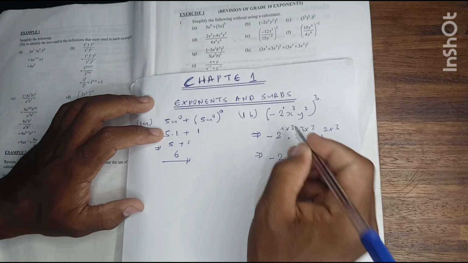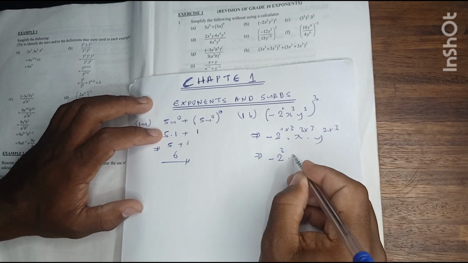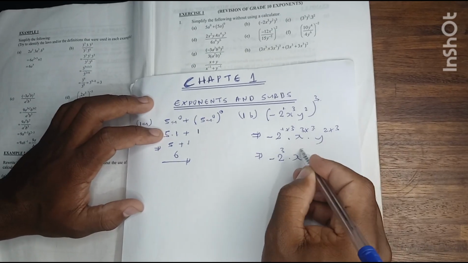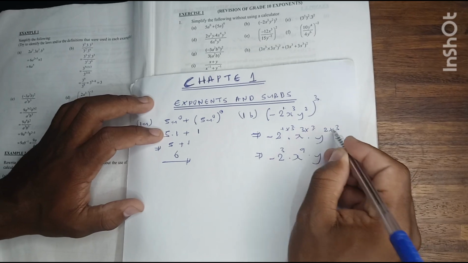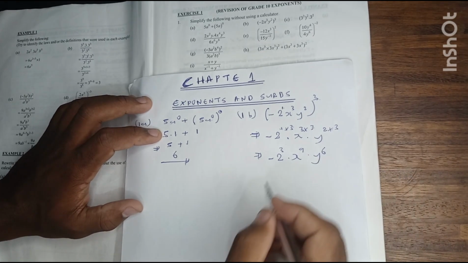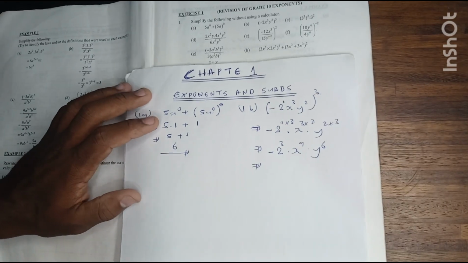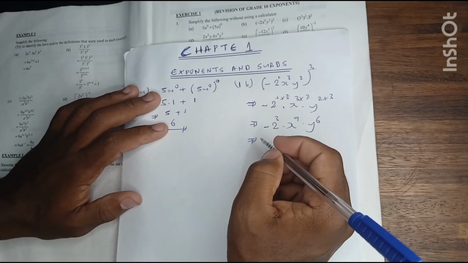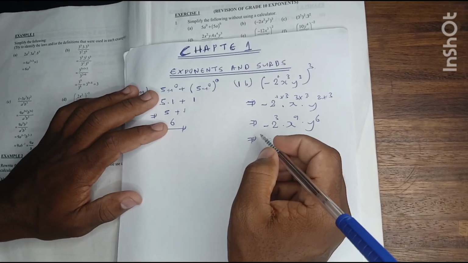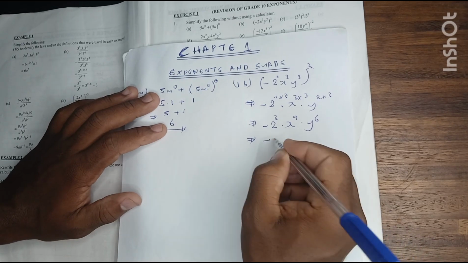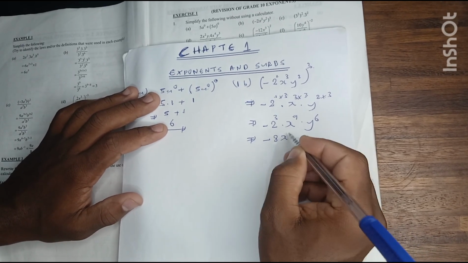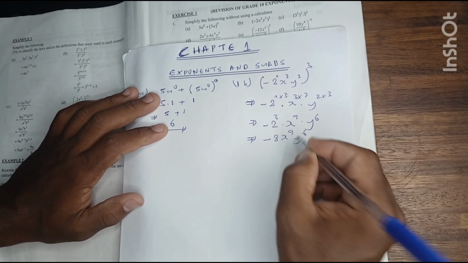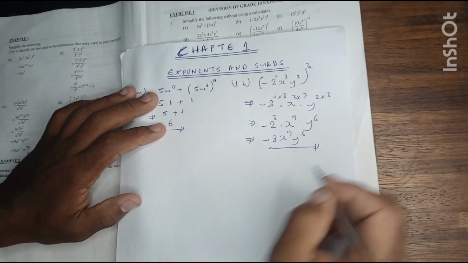Negative 2, 1 times 3 is 3, then x, 3 times 3 is 9, then y, 2 times 3 is 6. Then we simplify further. Negative 2 to the exponent 3 is going to be negative 8, x to the exponent 9, y to the exponent 6. So this is our answer.